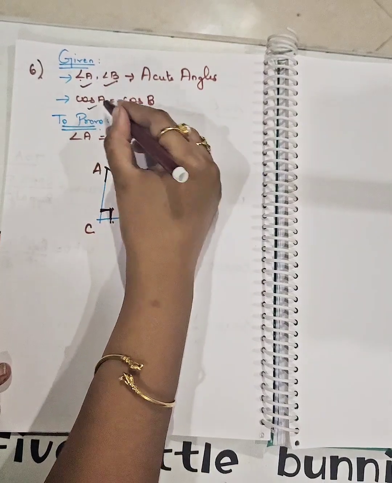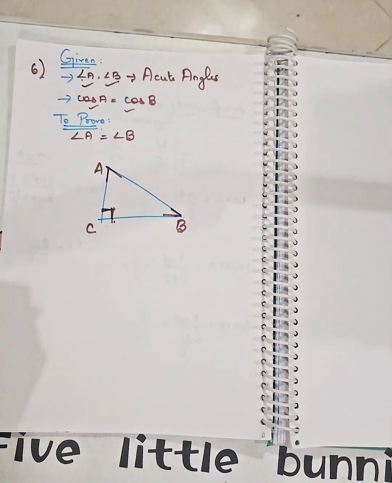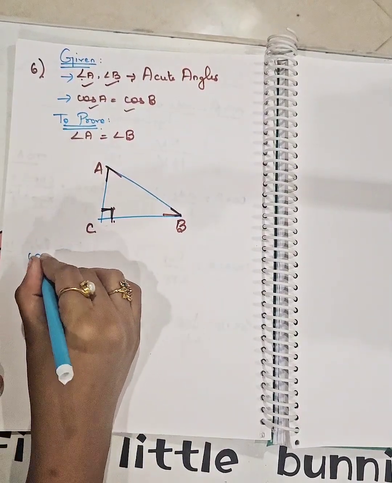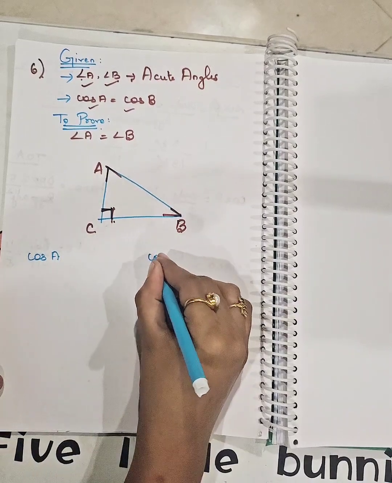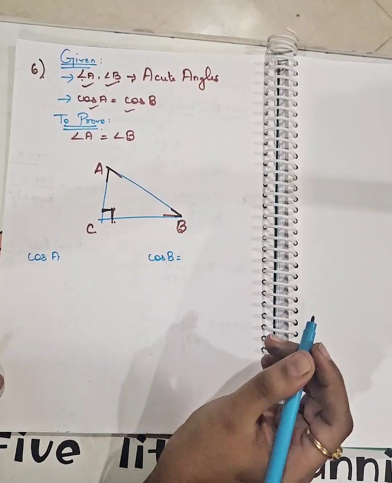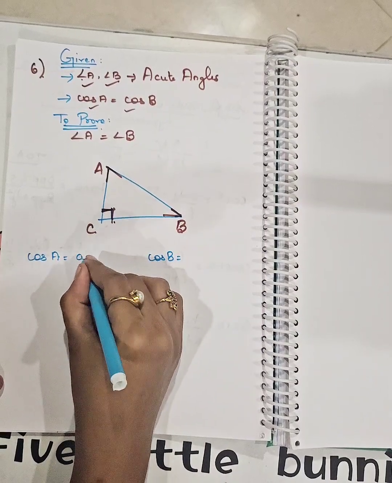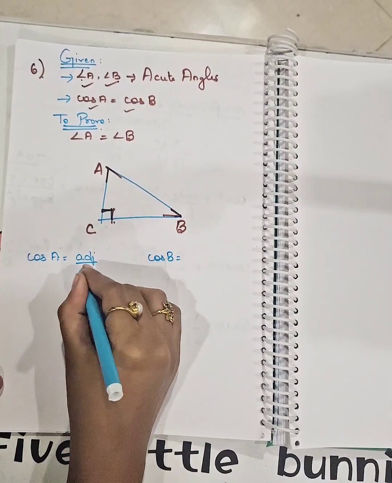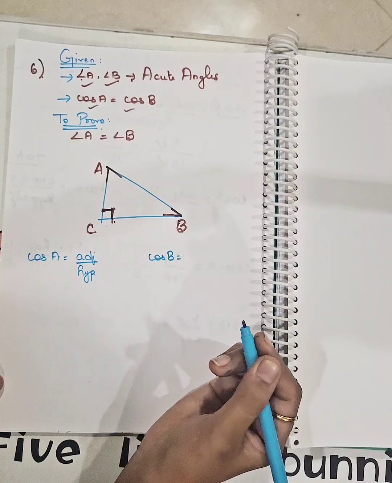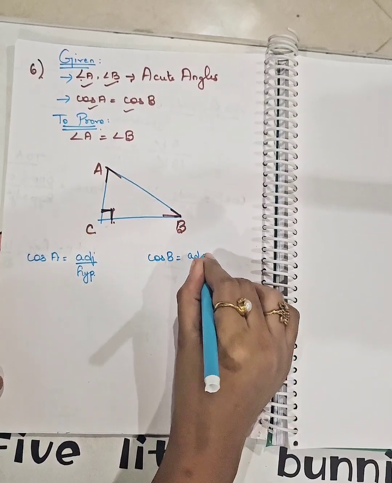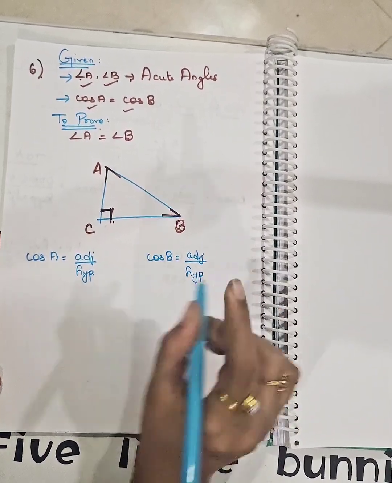Now what have they given? Cos A is equal to cos B. Let us find cos A and cos B, we are going to find both. So what is the cos formula? Cos means adjacent by hypotenuse. Here also adjacent by hypotenuse, but only one difference.